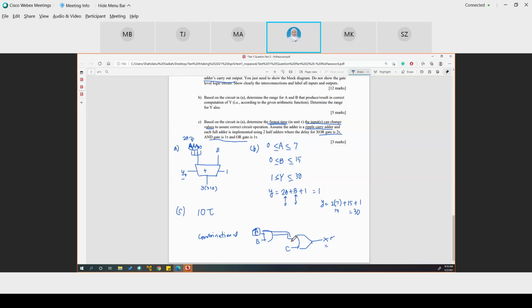Means you have to go through the longest delay, the CPD. Right? So for a combinational circuit, the fastest or the earliest input can change is after the CPD, after 10 tau delay. Okay? After the delay.